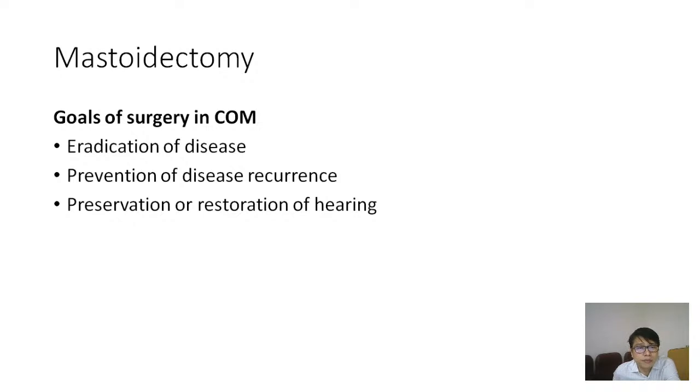These are mainly done for unsafe type chronic suppurative otitis media, which we call attico-antral disease. The goal of surgery in unsafe CSOM is, first and foremost, eradication of the disease, and after that we have to prevent recurrence of the disease. Also, at least we should preserve the hearing, and if possible restore it, mainly the conductive hearing loss.